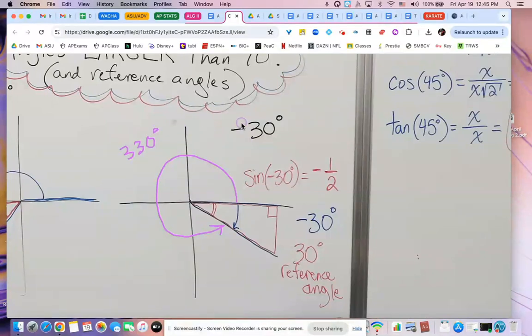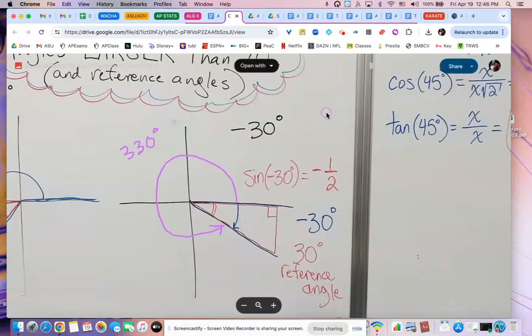That's the same thing as going minus 30 degrees. Why? Well, because there's 360 degrees in a circle. We should all know that. If this is a 30-degree reference angle, that means that this part of it was 330 degrees, to make 360 total.